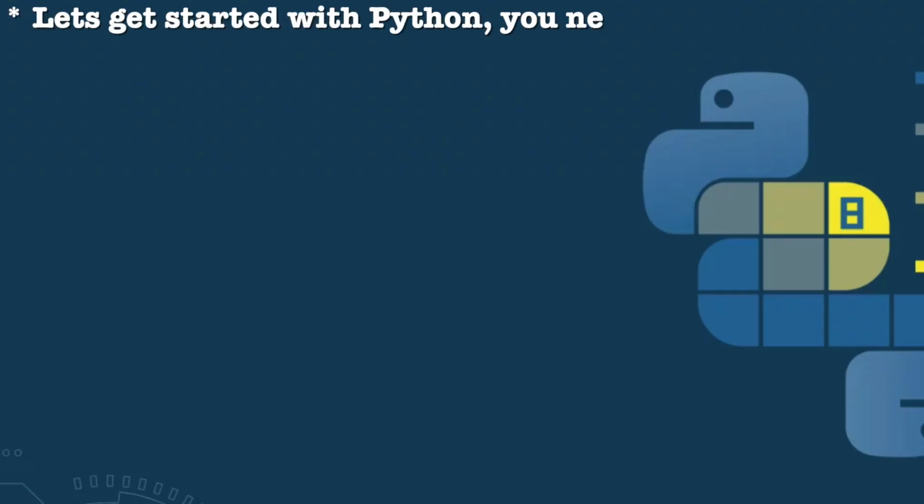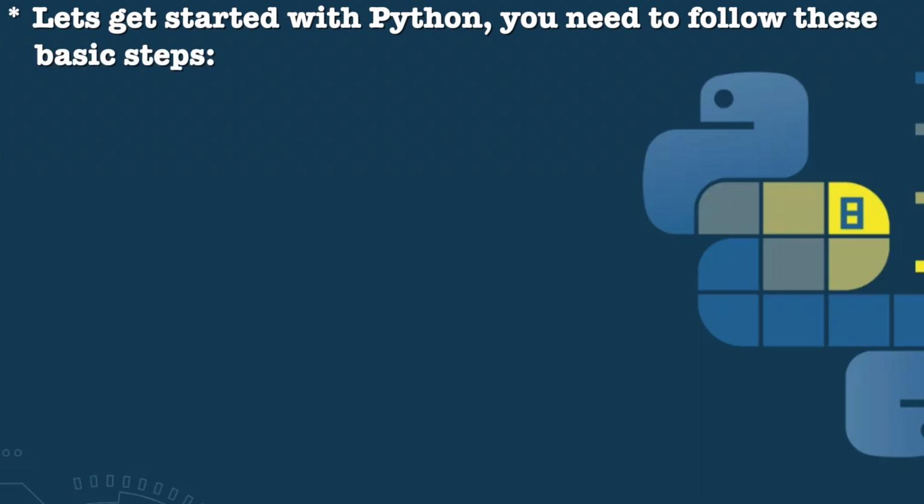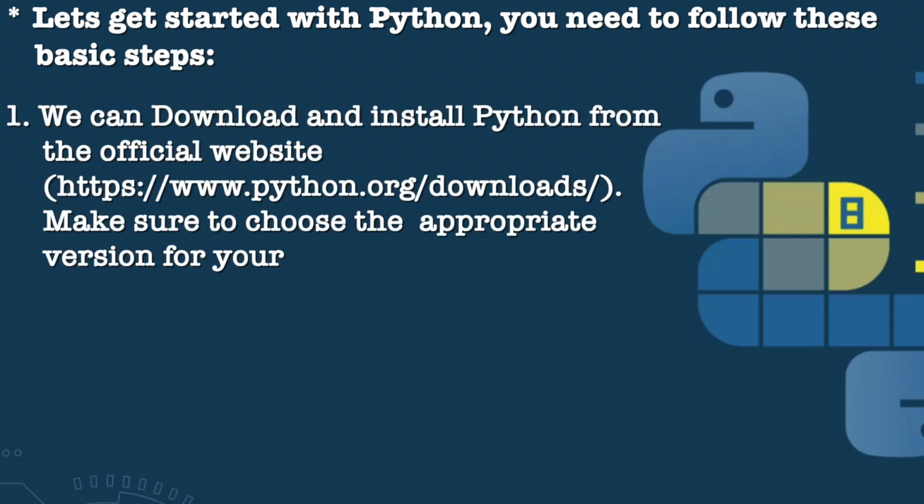So let's get started with the Python code. You need to follow these basic steps. First, we can download and install Python from the official website www.python.org. Make sure to choose the appropriate version according to your operating system.